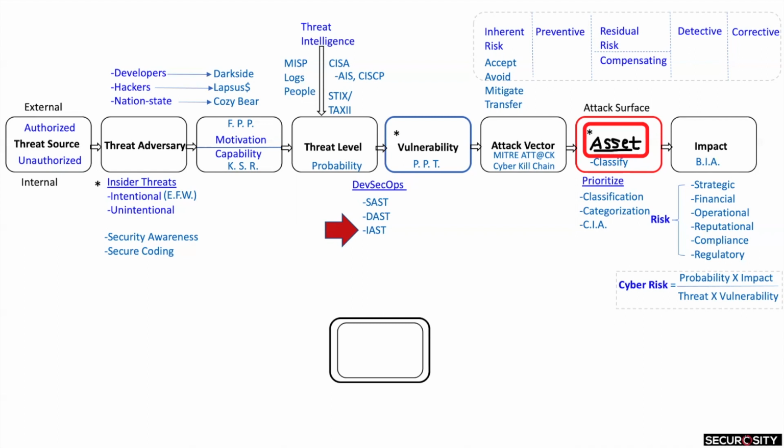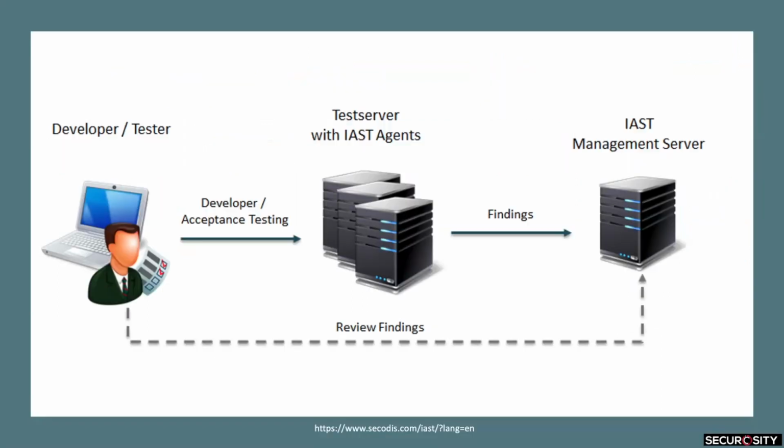Next, IAST, Interactive Application Security Testing, which is a hybrid approach. It's also known as gray box testing. IAST is designed to address the shortcomings of SAST and DAST by combining elements of both approaches.